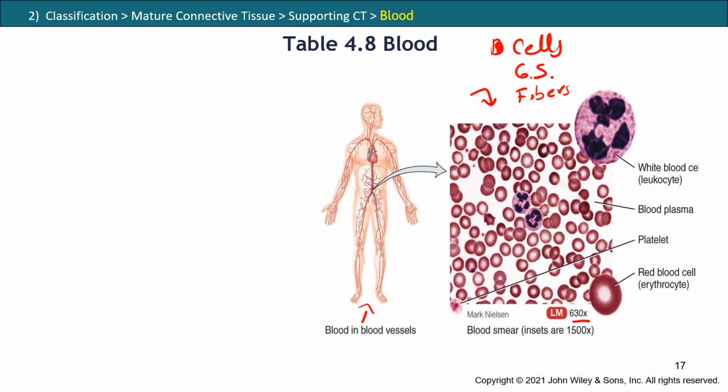So here you can see first cell, white blood cells, in charge of fighting diseases, the immune response, platelets or thrombocytes that are in charge of the clotting process. So when you have an injury, the body can repair and you don't lose all your blood.